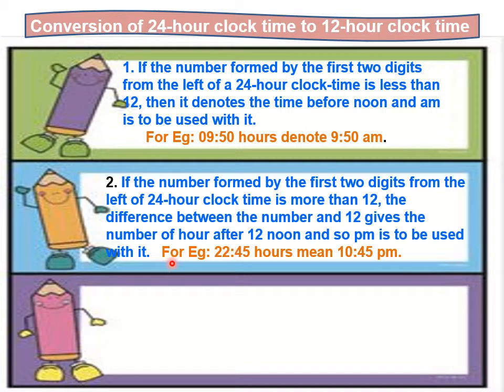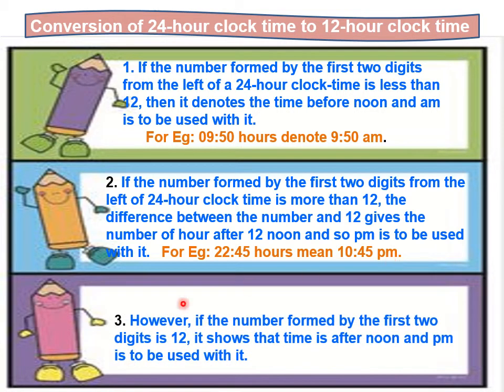For example 22.45 hours, means 22 hours 45 minutes. 22 is more than 12, so we subtract 22 minus 12 and get 10. So 10:45 pm. If more than 12 is there, we use pm, meaning afternoon time. So we write 10:45 pm, a night time.